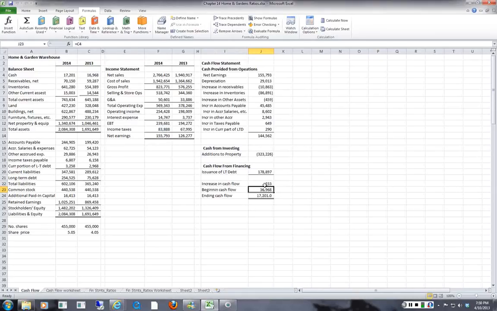So you add the 233 to that, and you come up with that 17,201, and lo and behold, that's the same number that we have over here. And that's one way you can reconcile your cash flow statement to your balance sheets to make sure that these numbers, the beginning cash plus the addition, equals the ending cash for that period of time.